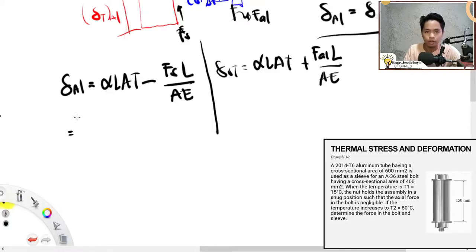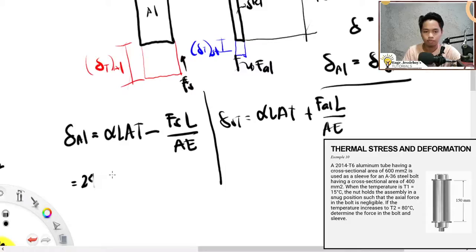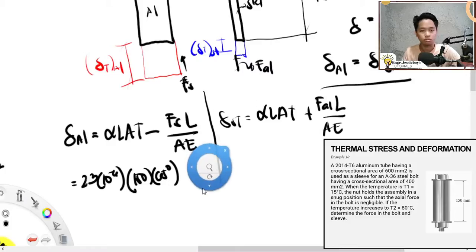So this would be your alpha, that is 23 times 10 to the negative 6 multiplied by the original length, that is 150 mm. The change in temperature is 65 degrees Celsius.